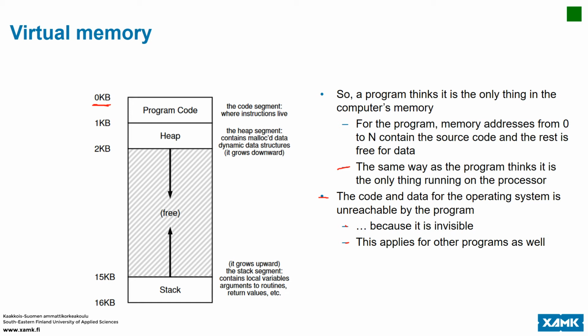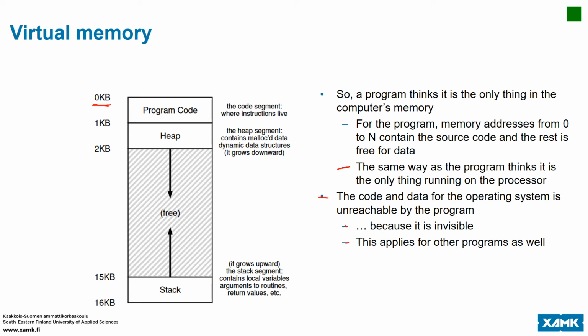Now this is the idea of virtual memory. So for the program, let's make it seem like this virtual memory is everything that exists. So if the program itself cannot see any other memory spaces, then it can't possibly access any of them. So that is basically what the operating system wants to do.